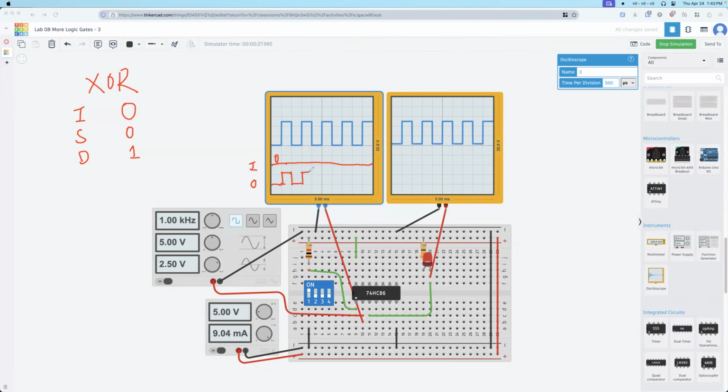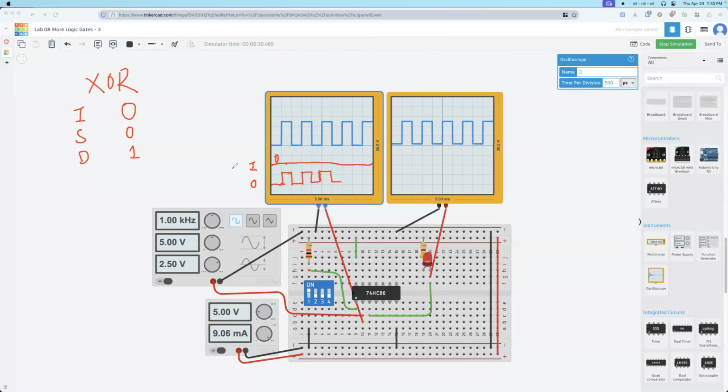So then output should be like this. Okay, so same, then same, so output is 0. Different, so output is 1. So this is for switch closed.